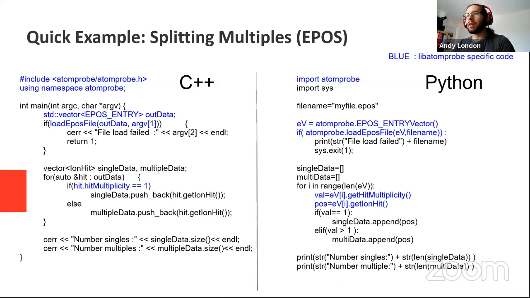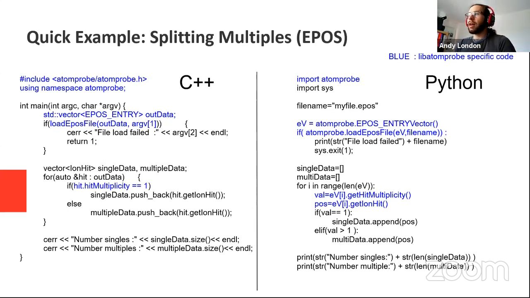So just to give you a comparison of how it would look in C++ or Python, in C++ you would write C++ code. This could be part of a larger application or just a small, simple kind of app that you want to write. It doesn't have to be very big. And the blue code here between Python and C++ are the library-specific things. So that's what you need to know from the library in order to use it.